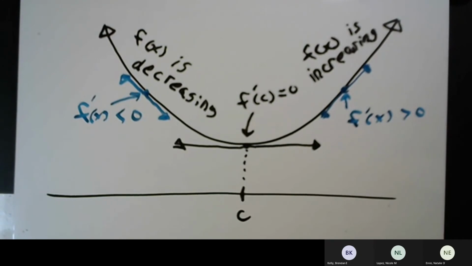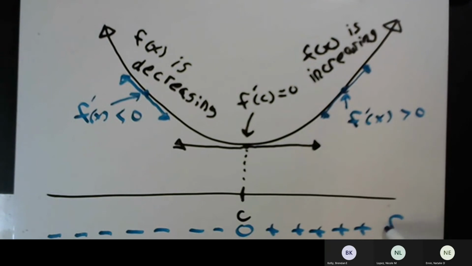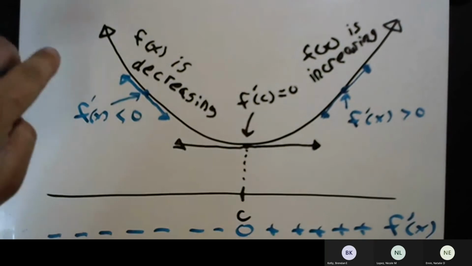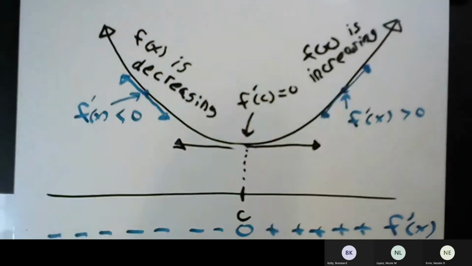So for this minimum, we take a look at our derivatives. First derivative, we have minus, minus, minus, 0, plus, plus, plus, plus, plus. And this is what f prime of x is doing. So when we have a minimum like this, our first derivative is negative, then 0, and then positive.